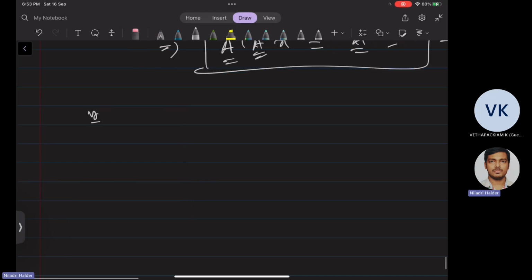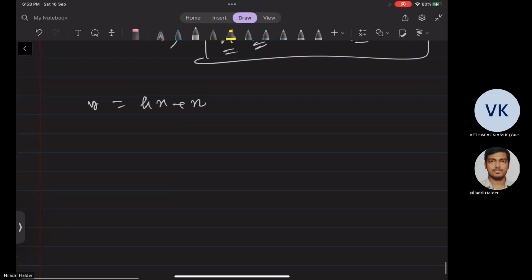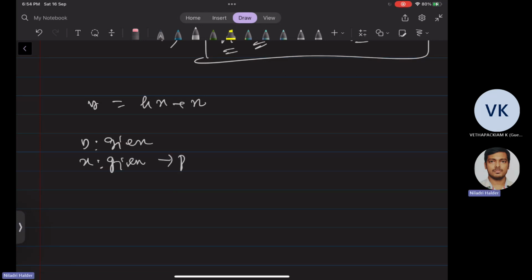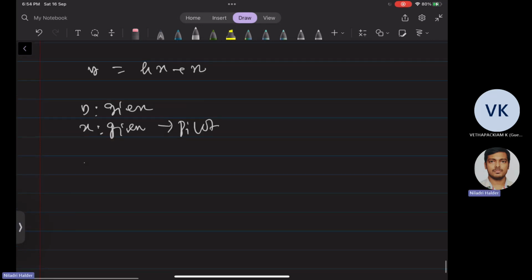Okay, so Y is equal to HX plus N. Y given, X given. So that is called a pilot. And then how to find H?